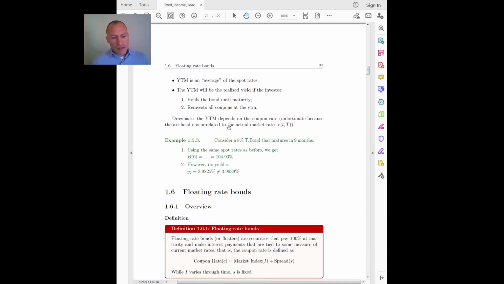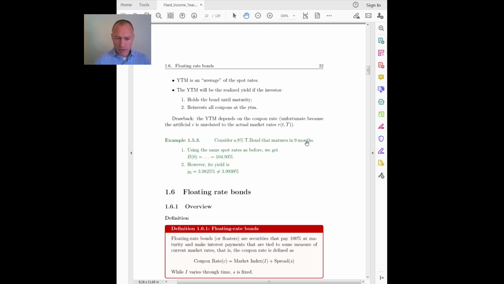There is another detail in this yield to maturity, which again is not so obvious. Think of it as a disadvantage of the yield to maturity: it depends on something that it should not depend on. It depends on the coupon rate itself. So for example, suppose now that you have an 8% treasury bond that is exactly like the one you saw before. The only difference here is the coupon rate.